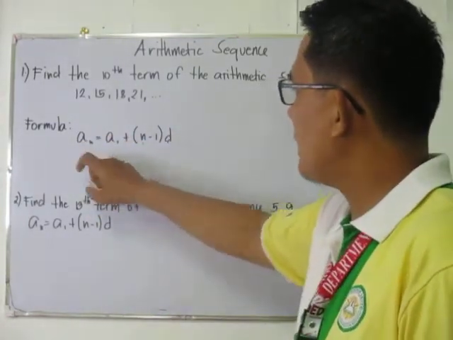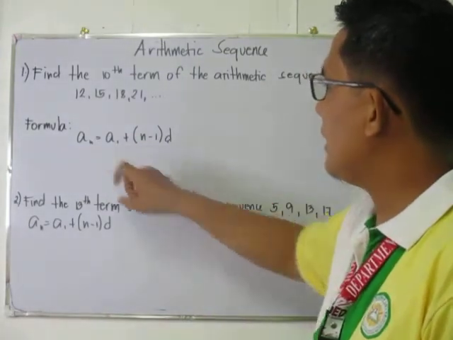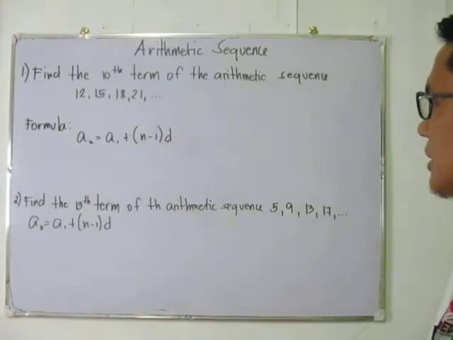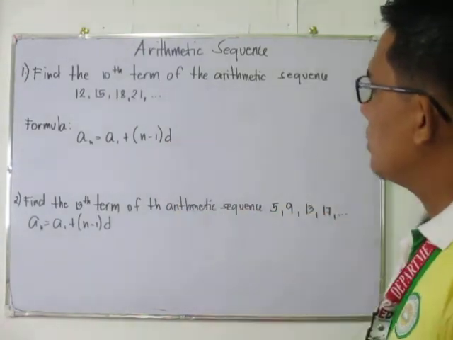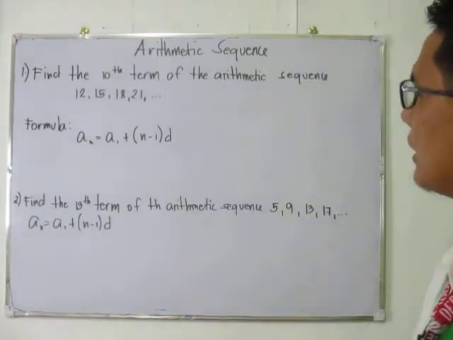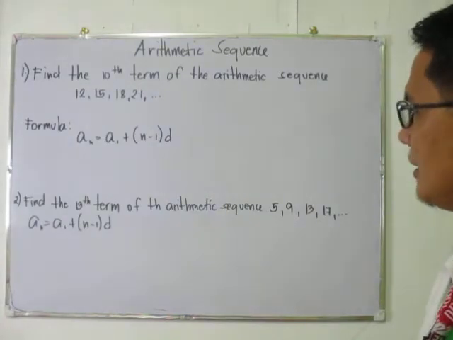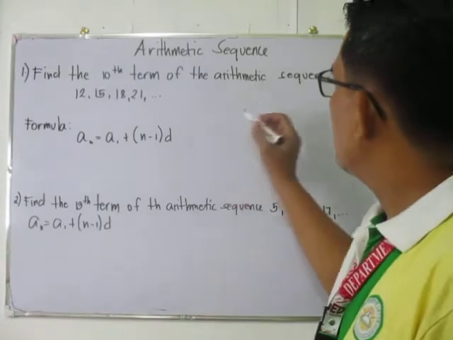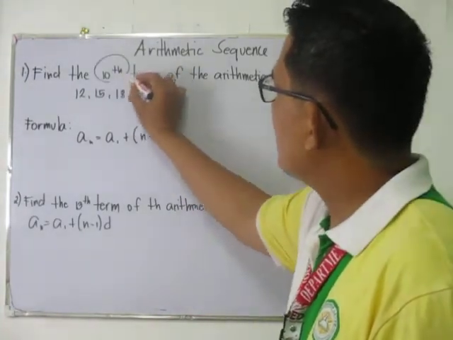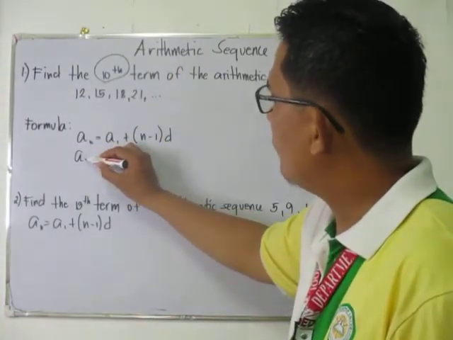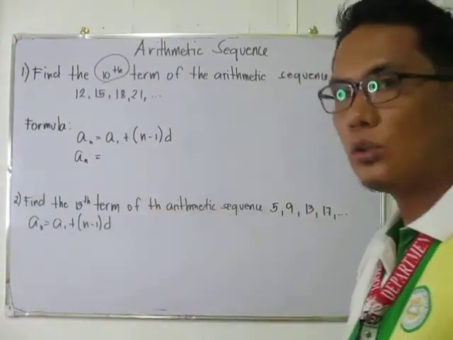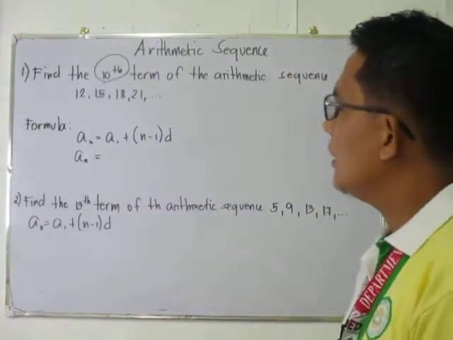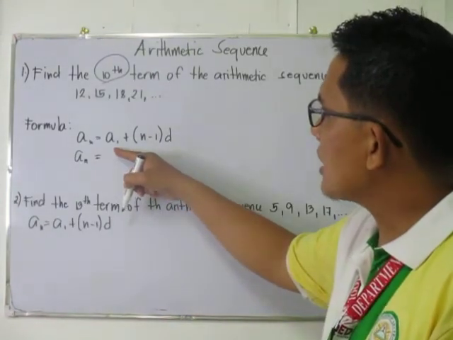So let us now solve this problem. Again, the formula is a sub n is equal to a sub 1 plus (n minus 1) times d. What we're going to do is identify what the a sub n, a sub 1, n, and d are in our problem. Since what is asked is the 10th term, a sub n is the 10th term. Our a sub 1 is the first term, and that is 12.